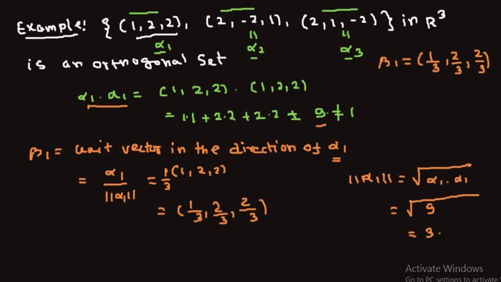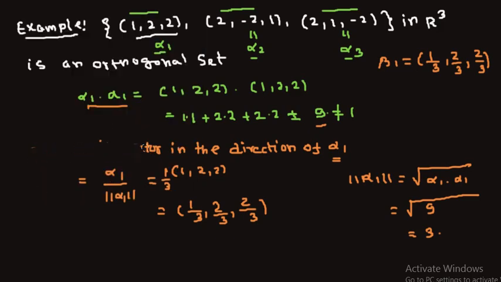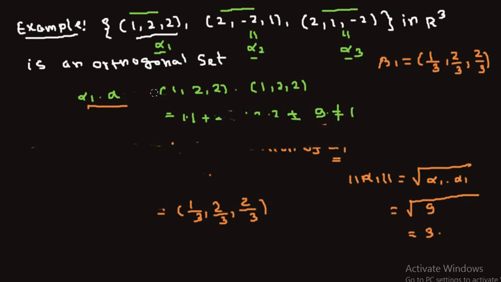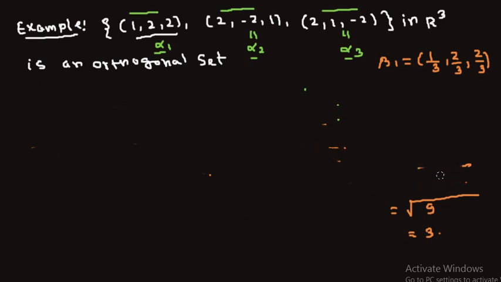Now let me quickly find beta 2, which is the unit vector for alpha 2. First of all, let me erase this part. I will give you a trick to find a unit vector very quickly. Here is the trick, what you have to do.